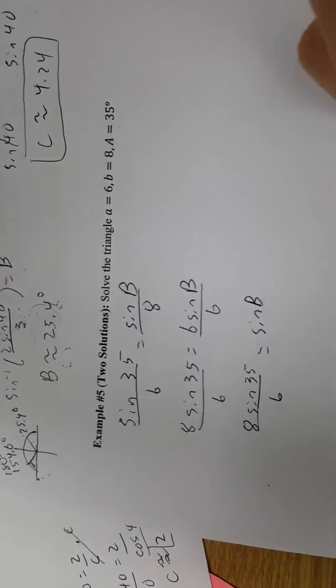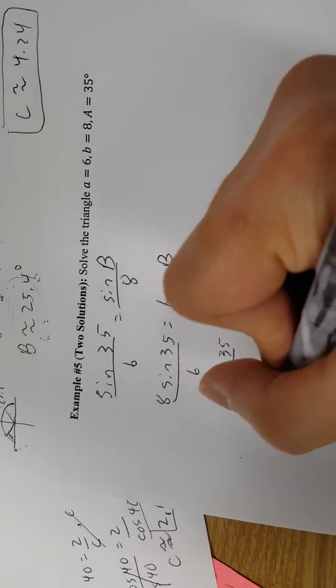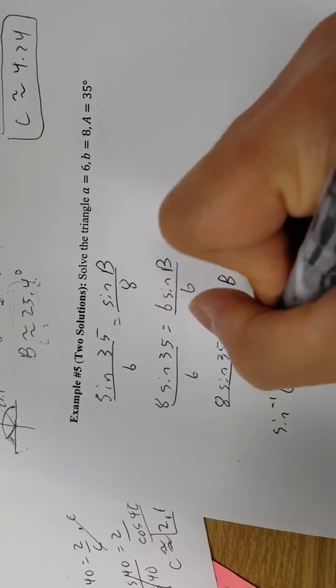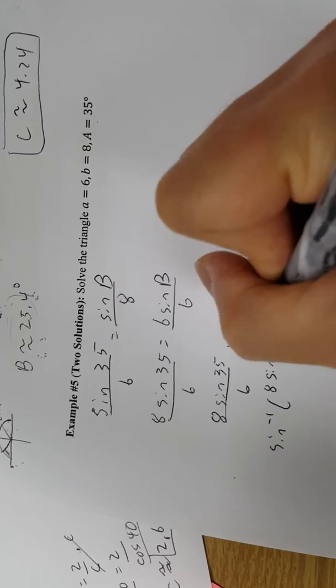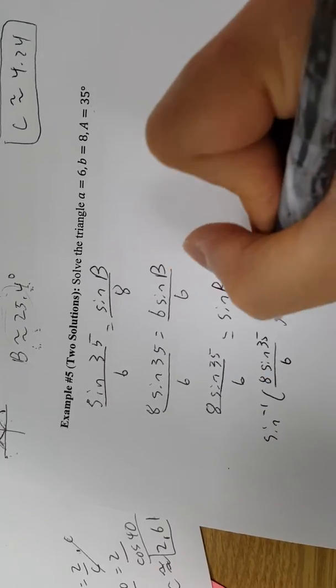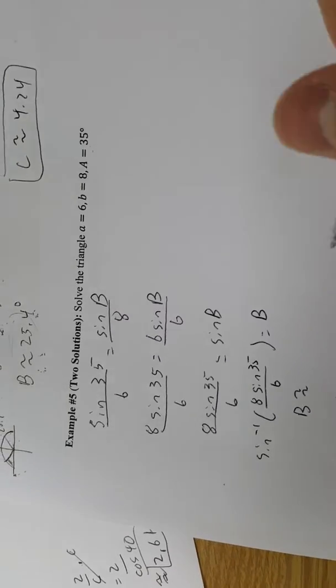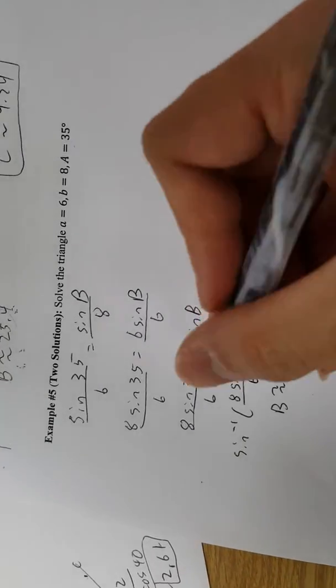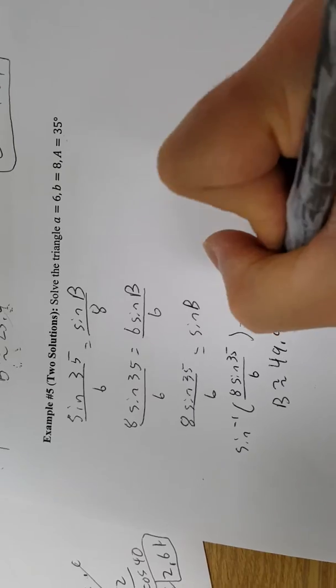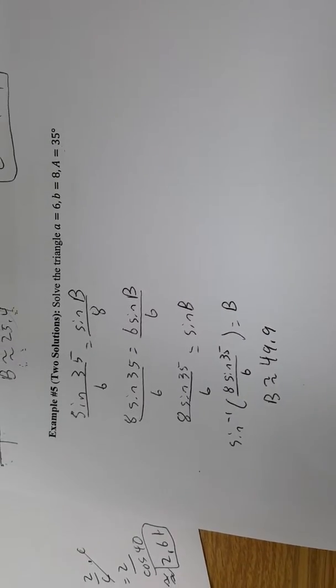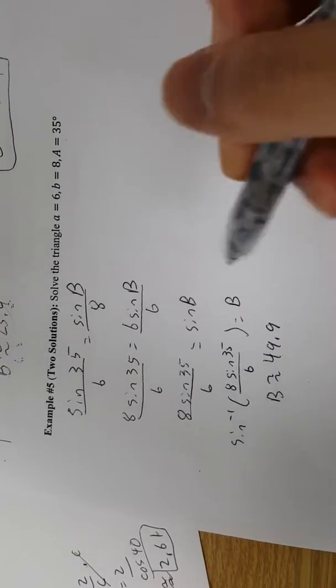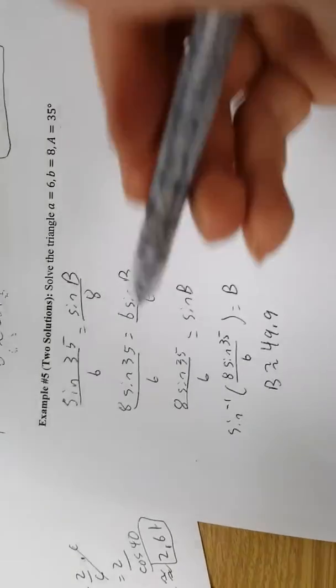So I take the inverse sine of both sides. And I get b is approximately 49.9. Okay. Now what I have to do is find the other angle. So this is the step that I missed last time.